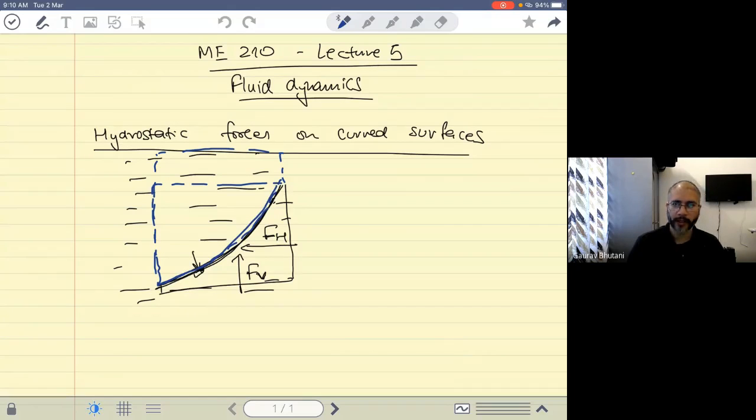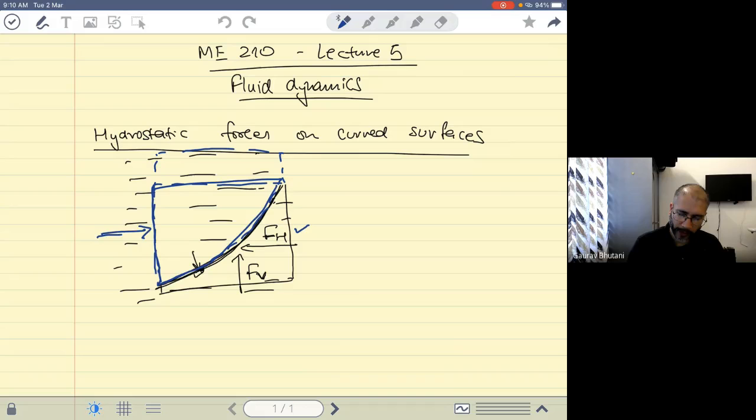So the net force acting on this hypothetical volume also has to be zero because it's stationary. And what we will see is that if the force acting from the left hand side on this volume is something, then the force acting, the FH that we have to find, has to be equal to this horizontal force from the left hand side. Remember, this is our free body, so that free body is stationary, so the net horizontal force acting on this body also has to be zero.